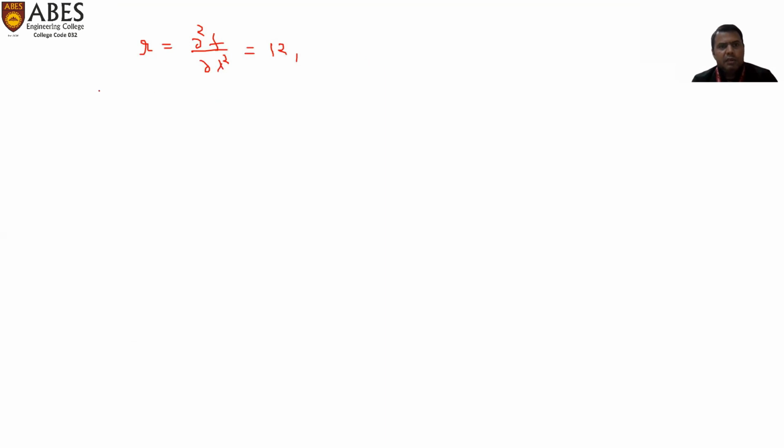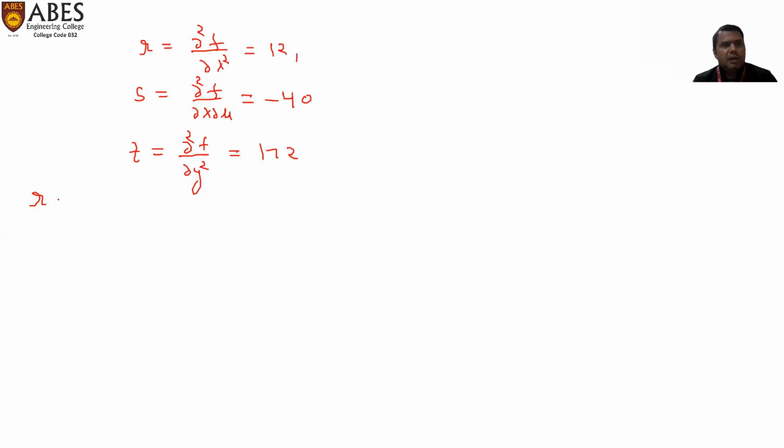And we calculate S, that is del square f over del lambda del mu. We differentiate del f over del mu again with respect to lambda. So we get minus 40. Similarly, we calculate T, that is del square f over del mu square, which is 172.